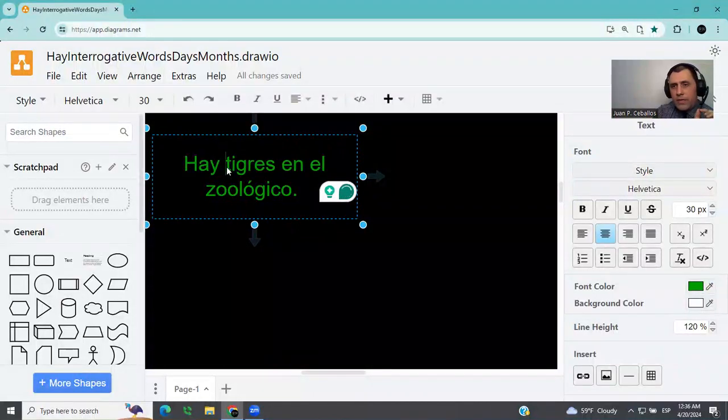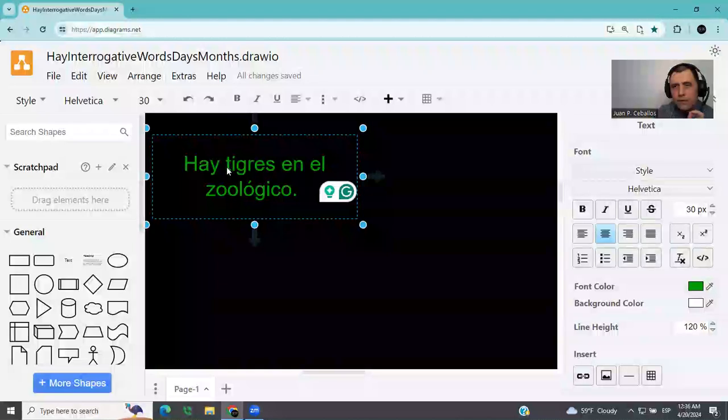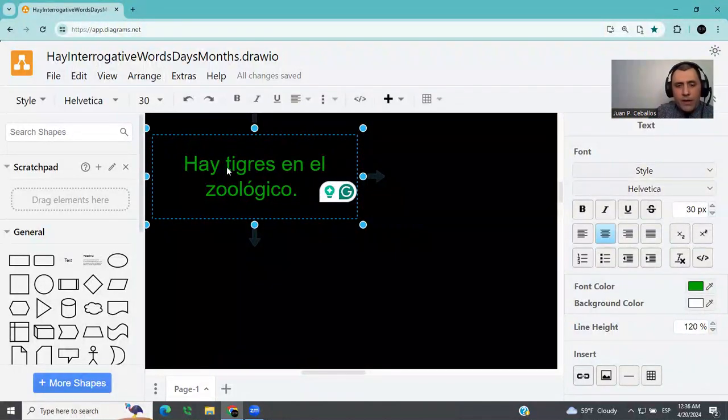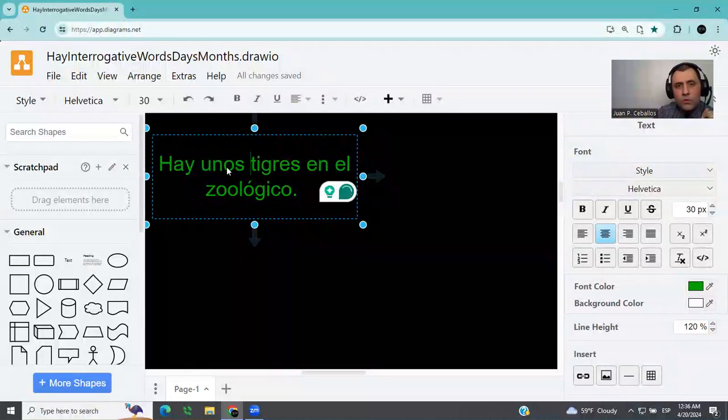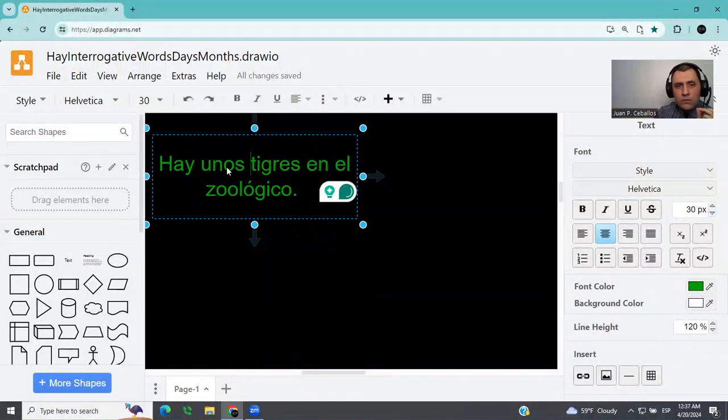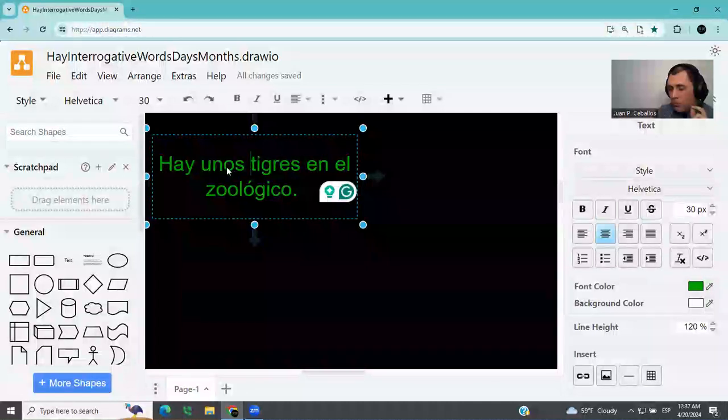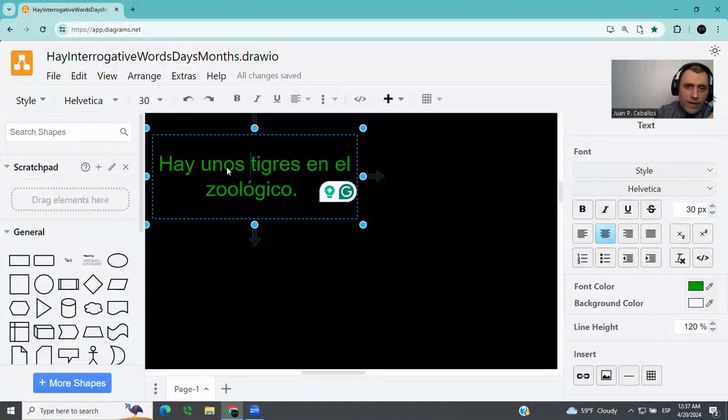But you can also say in English, there are some tigers in the zoo. In this case, I can use an indefinite article, but in the plural form. Like, for example, hay unos tigres en el zoológico. So what some books explain is not completely correct.